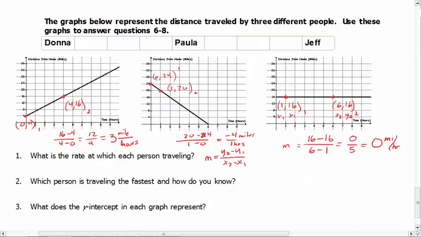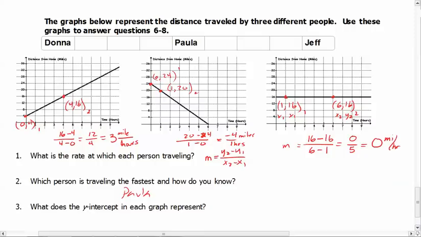Now, it's tempting to say that Dawn is traveling the fastest because hers is the largest number as far as positives and negatives. However, if we understand that the negative just means that the distance is decreasing, then we actually note that Paula is traveling at 4 miles an hour. She's just traveling in a different direction. So Paula is traveling the fastest because her rate of change is the greatest.